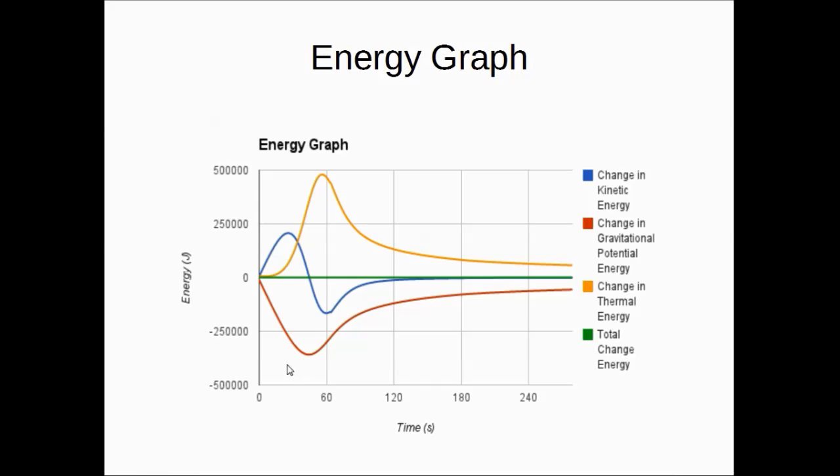And here's the energy graph. Based on the updated equation, you can see that when the kinetic energy increases, the gravitational potential energy decreases, and the change in thermal energy also increases when the change in gravitational energy decreases.